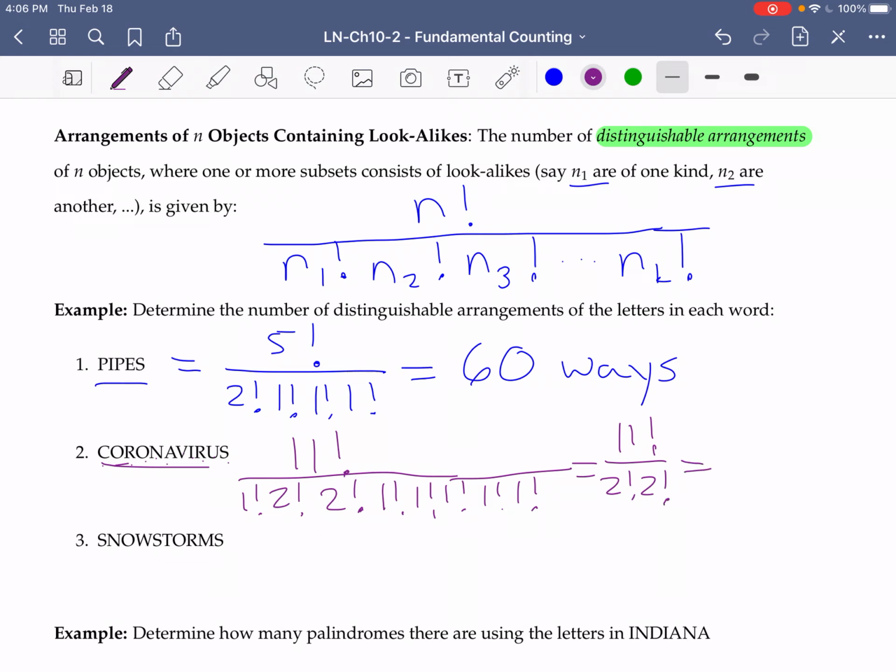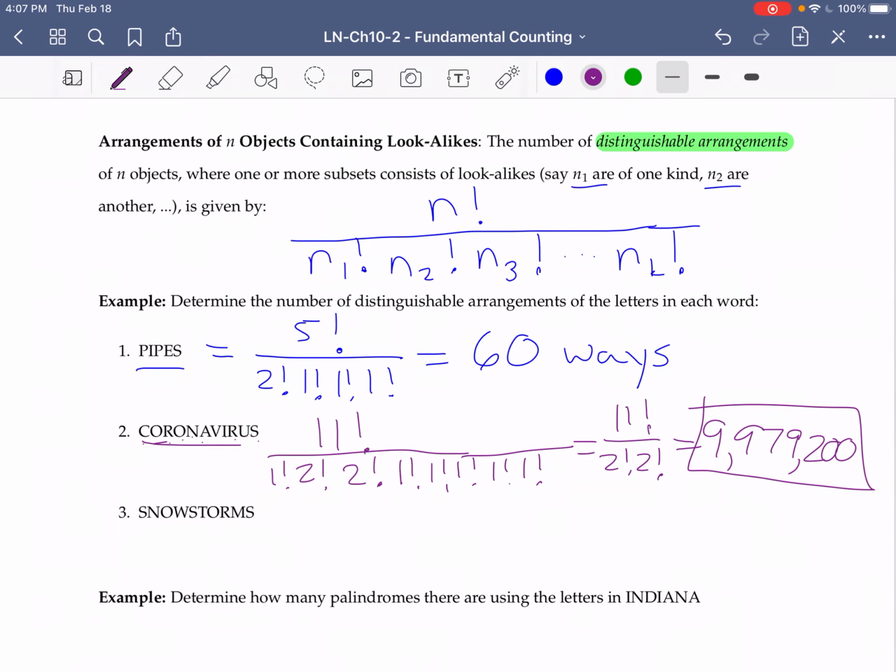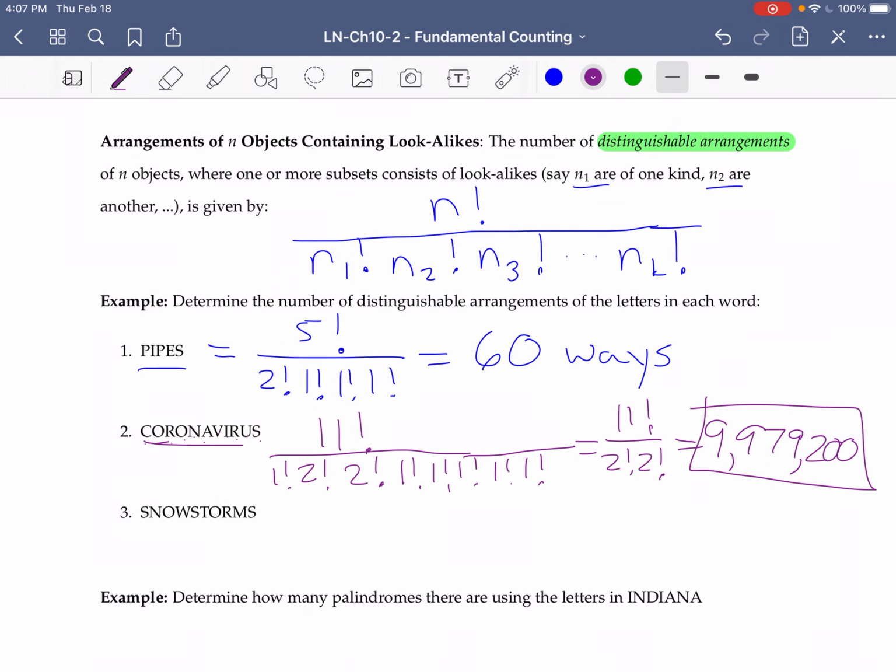If we multiply this out, we get 9,979,200 different ways.